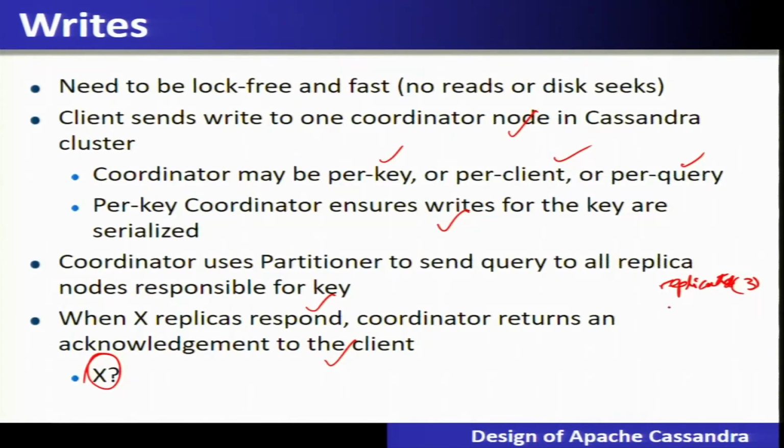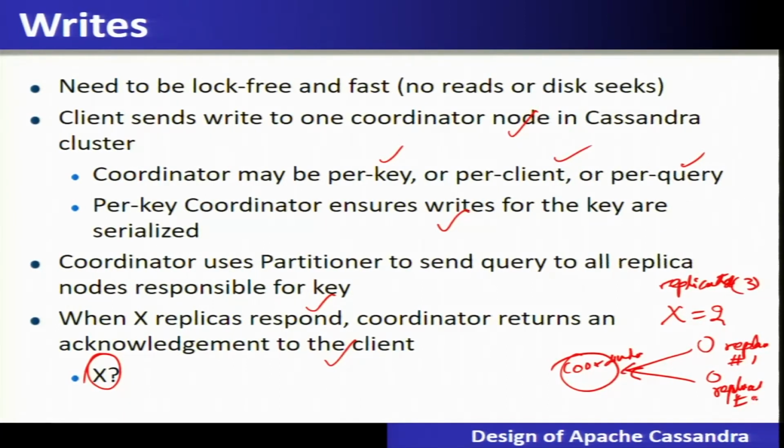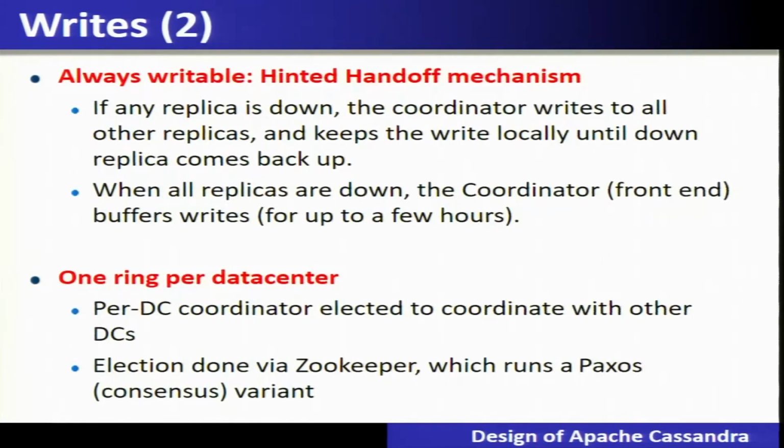Now, if the value of X is less than 3, let us say 2, that means if 2 replicas respond to the coordinator but not 3, even then, since X is set as 2, the coordinator will return an acknowledgement to the client, and the third replica will be handled at a later point of time by the coordinator.